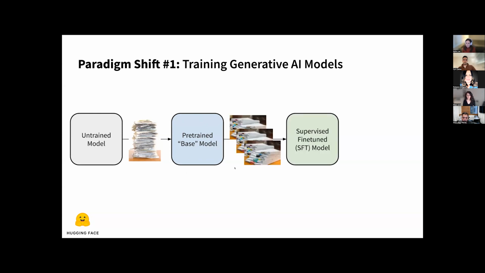Once you have this pre-trained base model, you can do something called supervised fine-tuning, where you take question-answer pairs, for example, and align this model to answer questions that you might commonly see, for example, in a USMLE practice exam. And then if you want a chat-optimized model, you will probably use some type of reinforcement learning technique, such as RLHF, which uses human feedback.